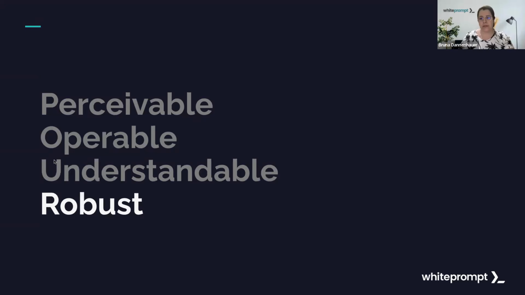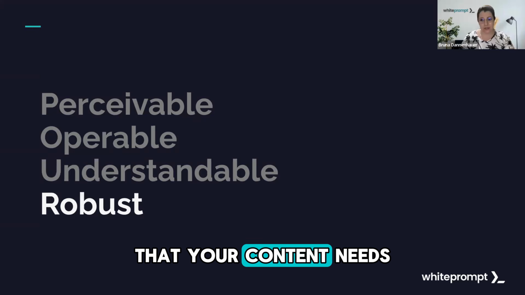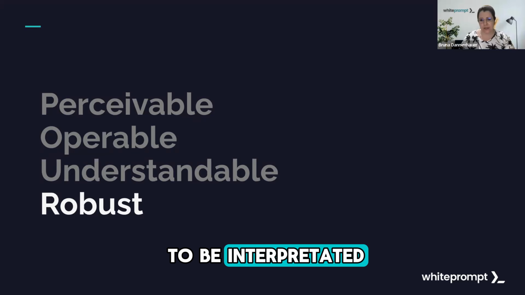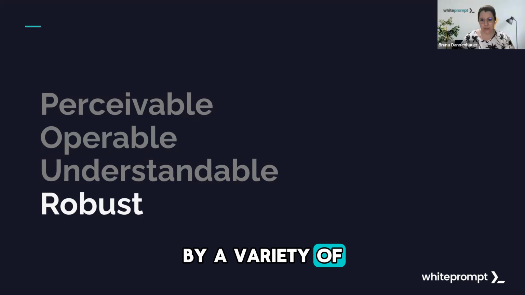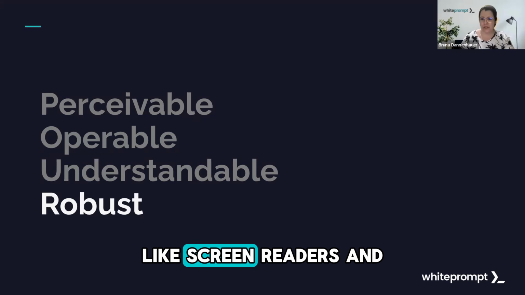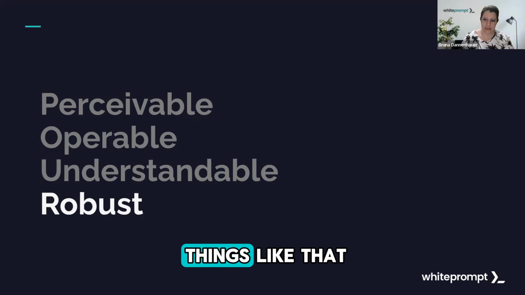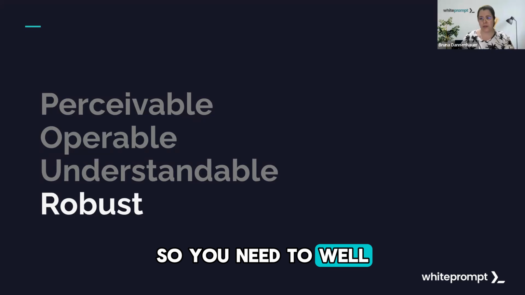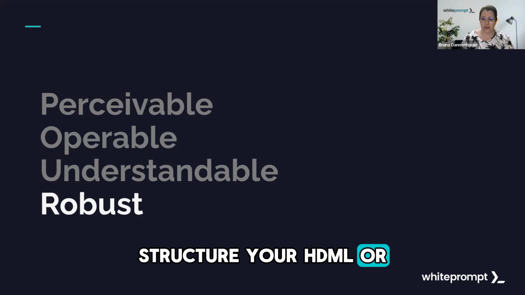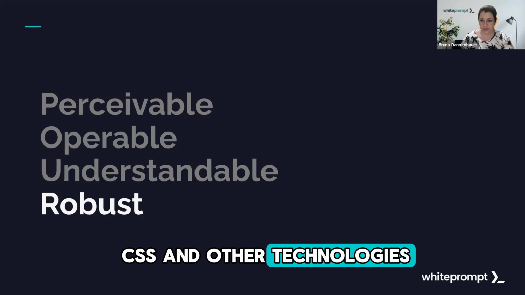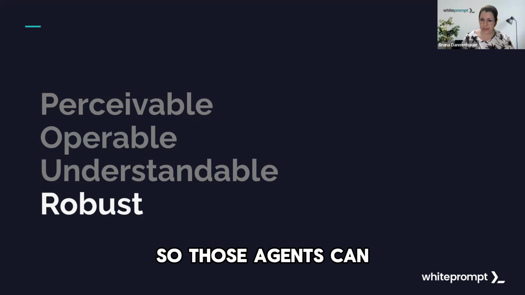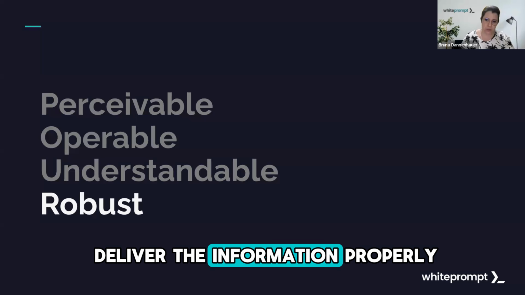Robust means that your content needs to be interpreted by a variety of user agents, like screen readers and things like that. So you need to structure your HTML or CSS and other technologies well, so those agents can deliver the information properly.